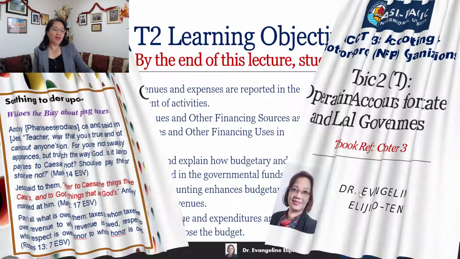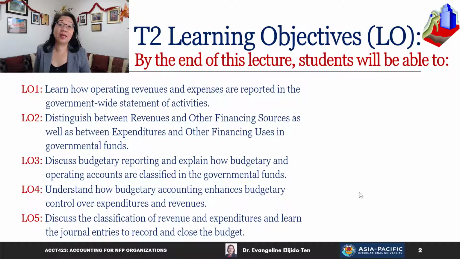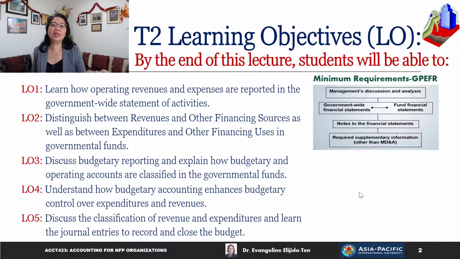Amen. Our learning objectives for this topic are fivefold. Learning objective 1 is about how operating revenues and expenses are reported in the government-wide statement of activities. You will recall that the minimum requirements for general purpose external financial reporting includes an MD&A, Management Discussion and Analysis, which has two major components, the government-wide financial statements and the fund financial statements.